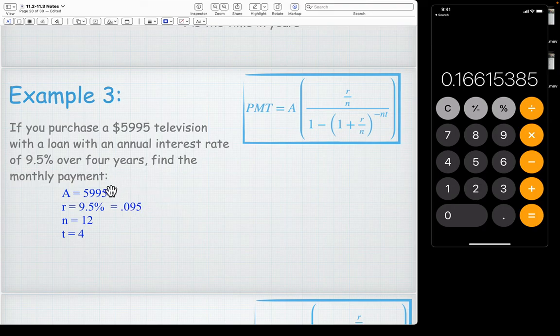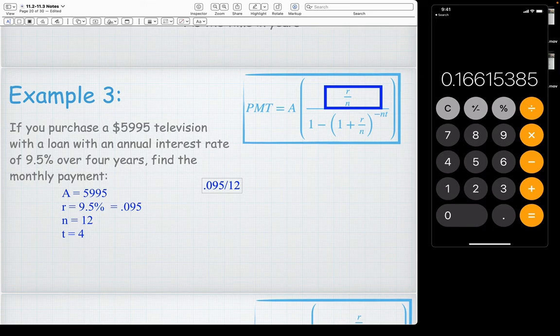Now, I want to find some of these different calculations, and I usually break this up into pieces. So if we did r over n, just looking at this part, that's a piece that we can do. r over n is 0.095 divided by 12.